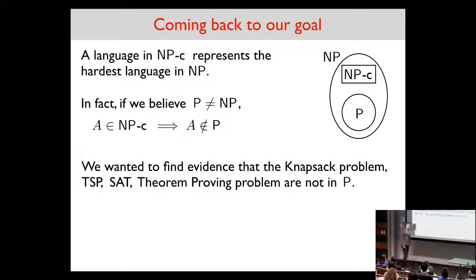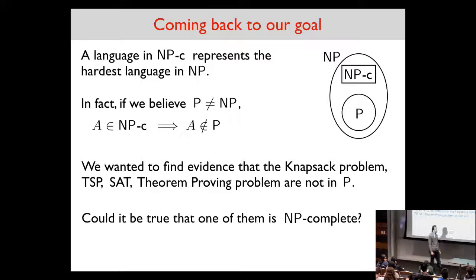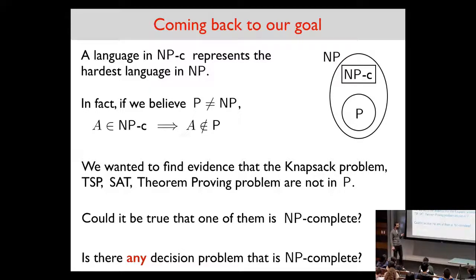So again, we want to find evidence that these problems are not in P. So the question is, of course, could it be true that one of them is NP complete? And actually, before you even ask that, the question you should be asking is, is there any decision problem that is NP complete? Because we made this definition, and when you hear that definition, you should be skeptical in the sense of, is this even a useful definition?